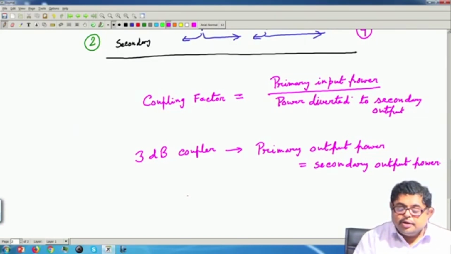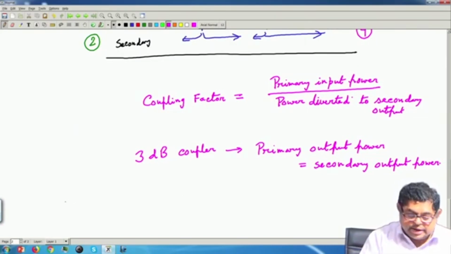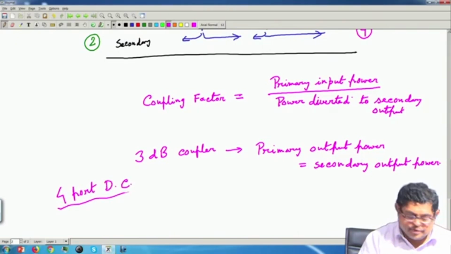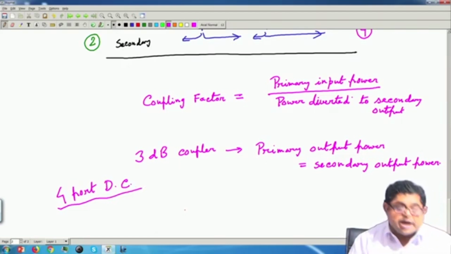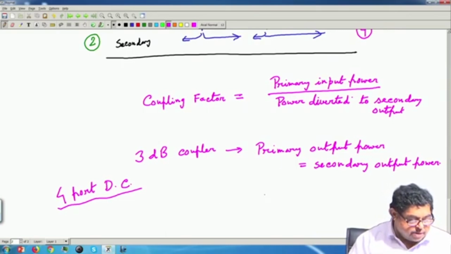So now, let me write 4 port directional coupler. It produces output at one primary port and at one or other of 2 secondary ports, depending on direction of power flow in primary path.